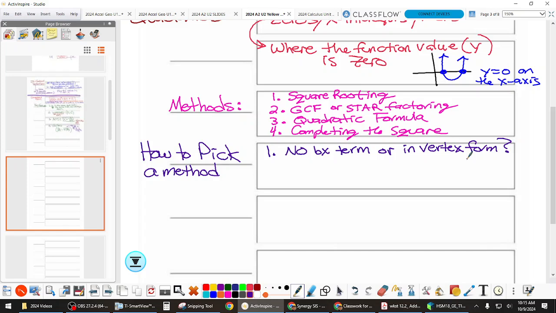What do I mean by a bx term? Whatever, like 2x or negative 3x. If there's something with an x, that's what I'm talking about. Okay, if there's no bx term, we're going to use the square root method. Okay, next question.